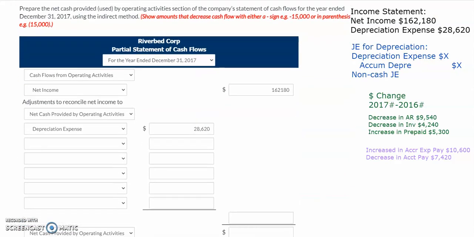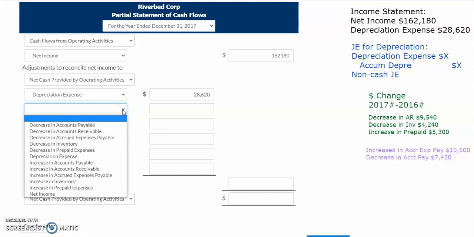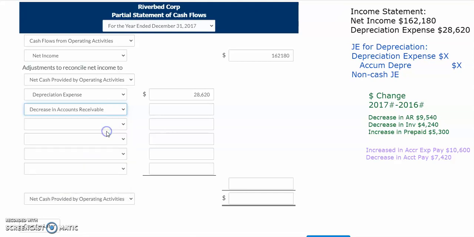So now we're going to include these items to reconcile the net income to the net cash provided by operating activities. And there's a little bit of a trick here, okay? So when it comes to your accounts receivable, we notice that there is a decrease in accounts receivable. So that decrease in accounts receivable is going to be added.